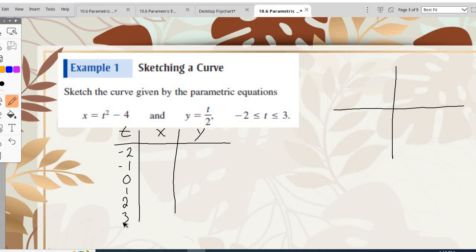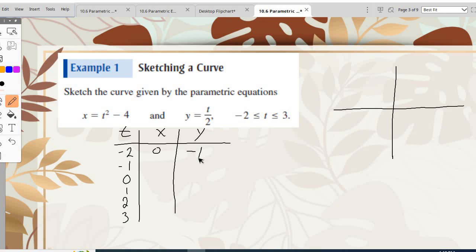So like if I do negative 2 squared minus 4, what do we get? 0. And if we do negative 2 divided by 2, and so now we just have the point 0, negative 1. And we will plot that in just a second.